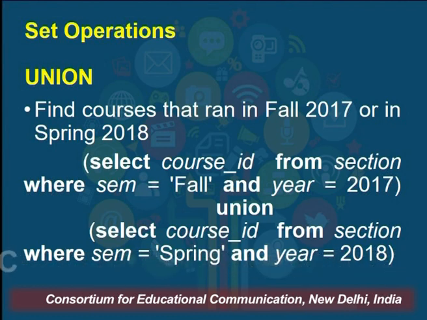So, we write: select course ID from section where SEM equals fall and year equals 2017, union select course ID from section where SEM equals spring and year equals 2018. This gives the total list of courses that ran in fall 2017 or spring 2018.